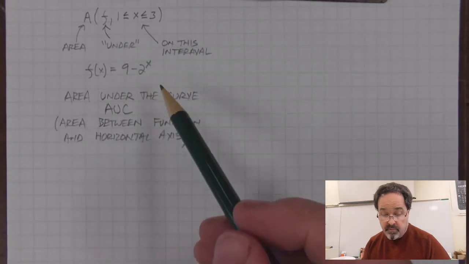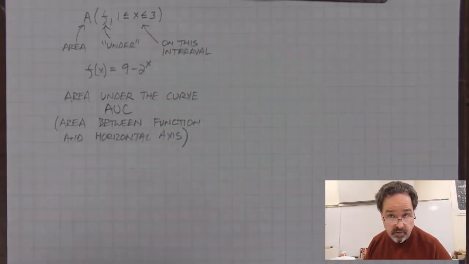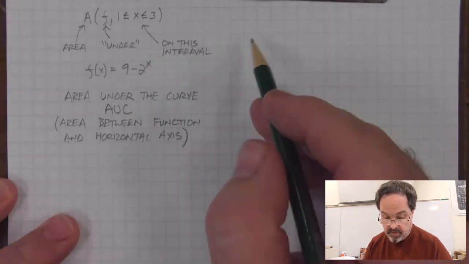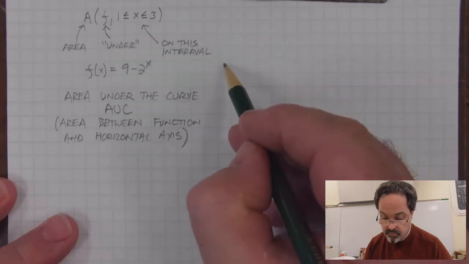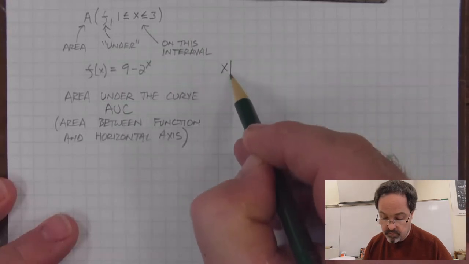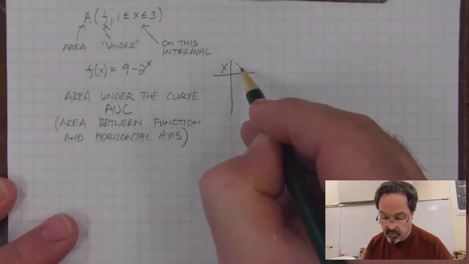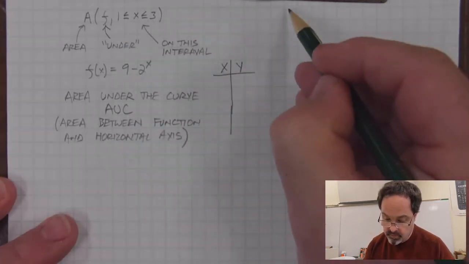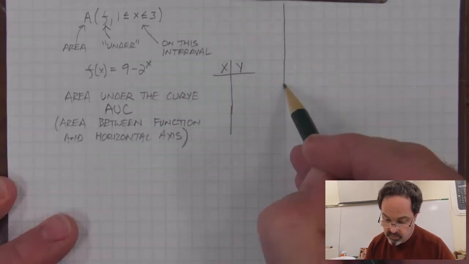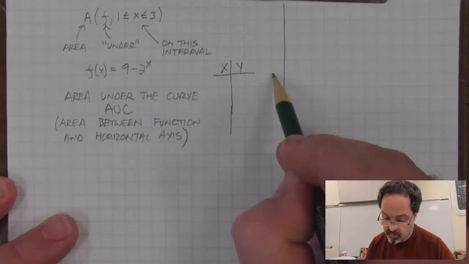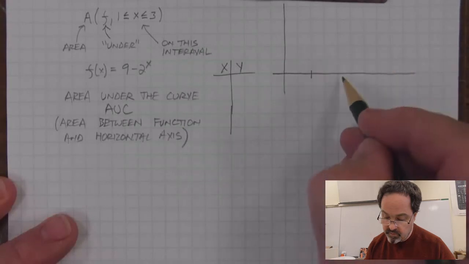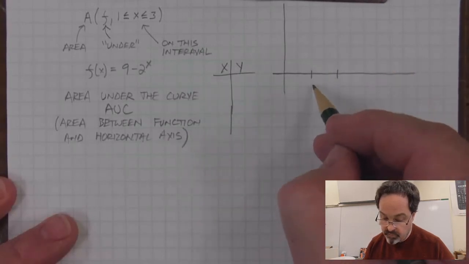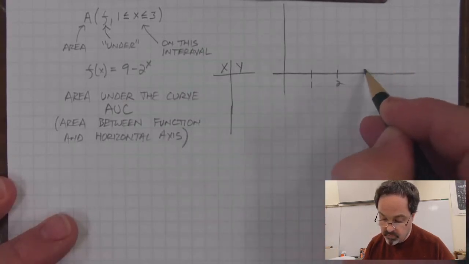Let's graph this situation to get a visual understanding of what this means. Now, to help graph, I'm going to draw a t-table to help me organize points. And I'm going to make my graph large by choosing 2 boxes on my graph paper to represent an interval of 1.